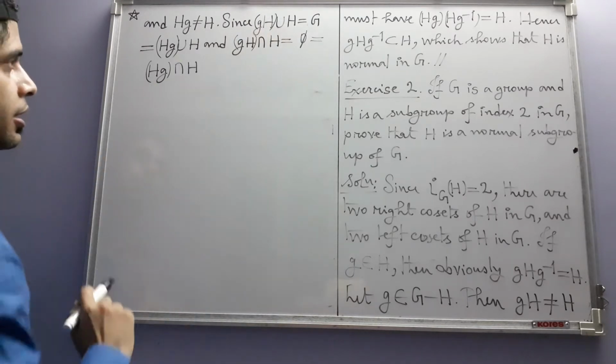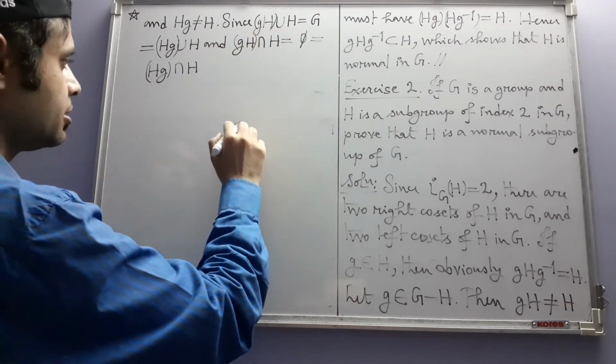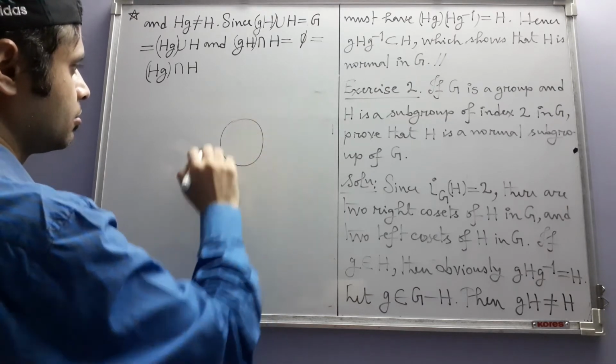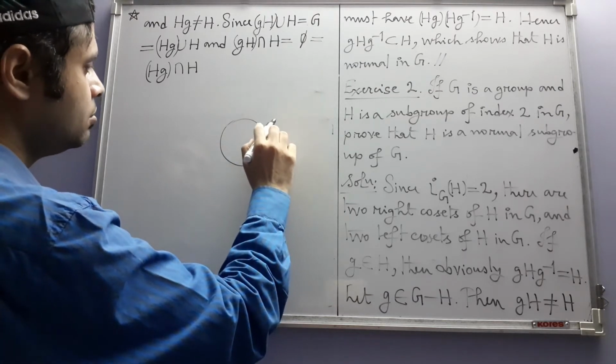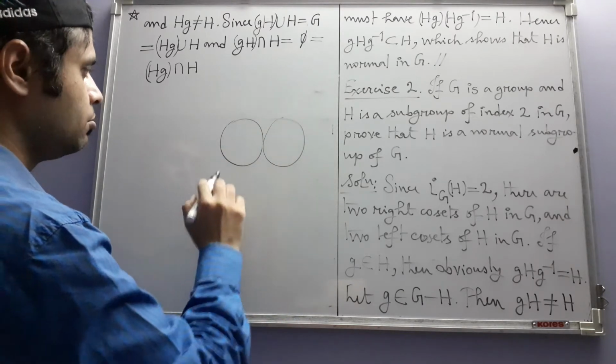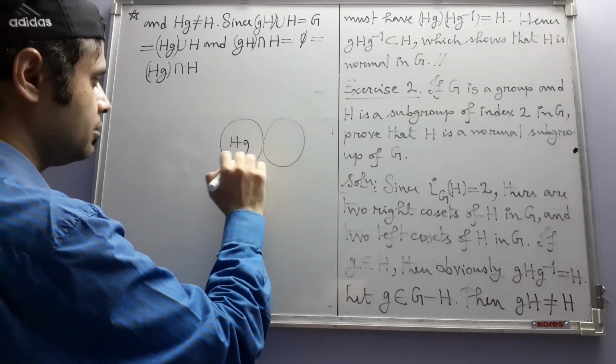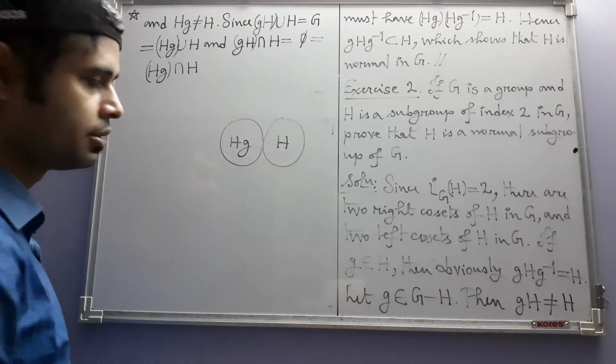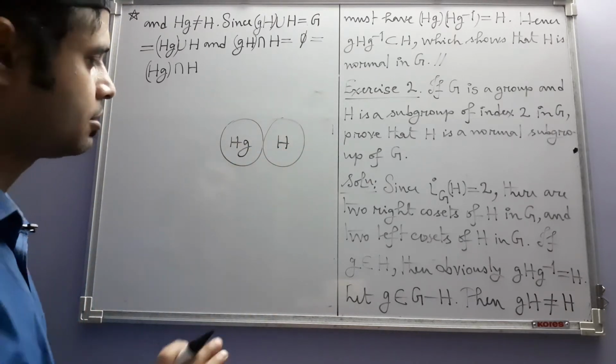The situation is like this: you have two parts, one of them is Hg and the other is H, and they are disjoint, there is no intersection.